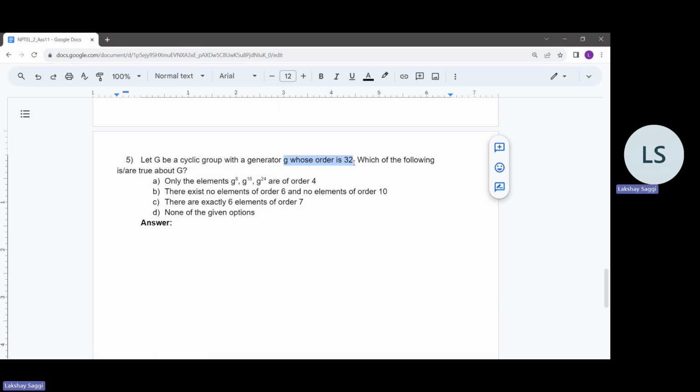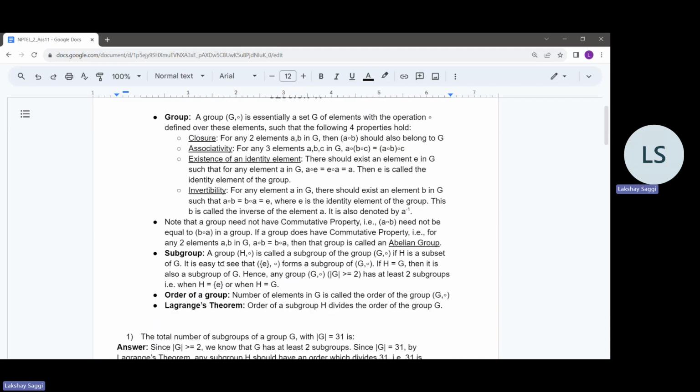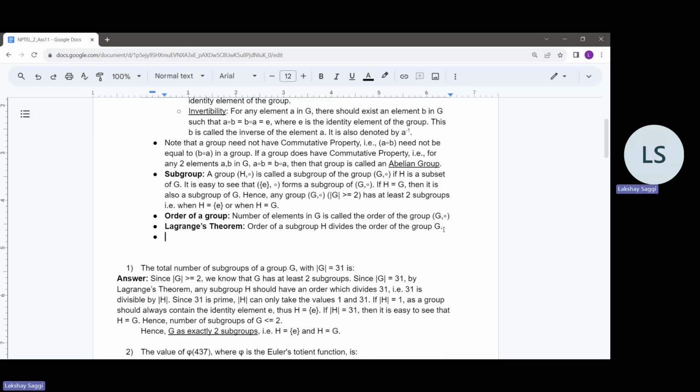Maybe I should write the definitions here. We know what the order of a group is, right? The order of a group is nothing but the number of elements in the group.